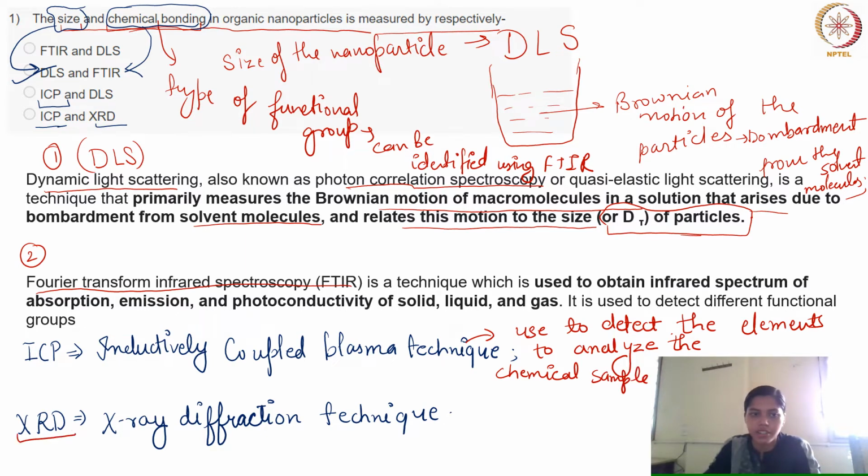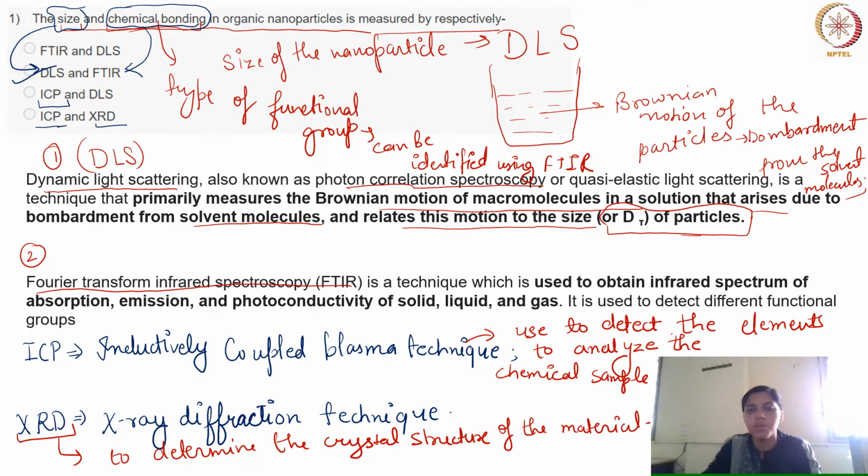whereas XRD, which is a very informative technique, is used to determine or to study the crystal structure of the material. One more important thing about XRD is that it is a non-destructive experimental technique.